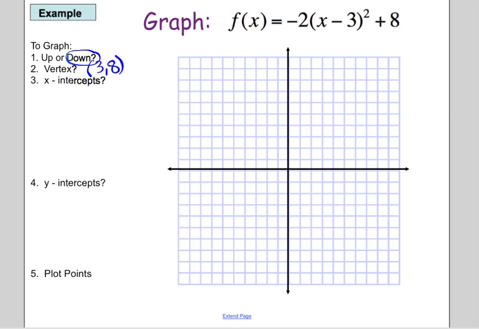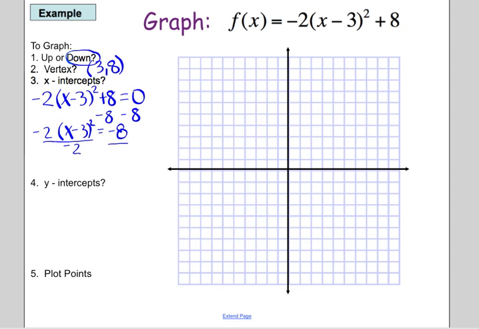Now we need to find the x-intercepts. Remember, to find x-intercepts, you make y 0 and you solve for x. So, if I want to solve this equation for x, I'm going to start by subtracting 8 from both sides. Now, a common mistake here in the next part would be to square root both sides, but before I can do that, I need to divide by -2.